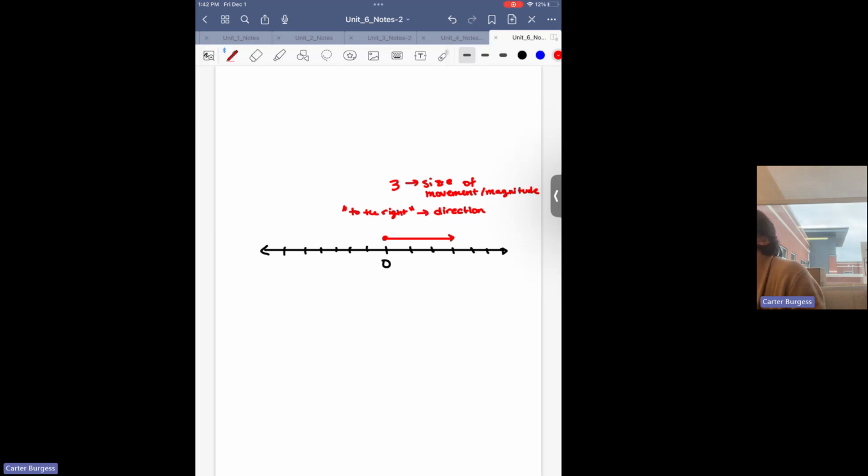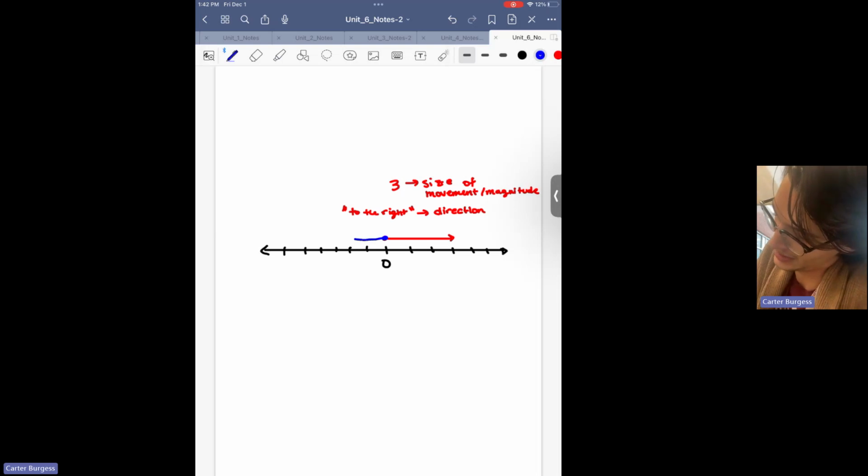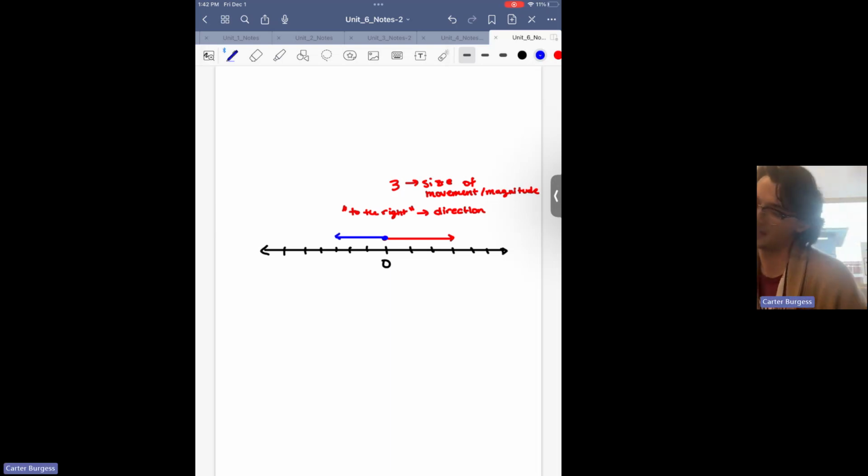And those will give us both unique vectors, noting that the difference, say, between starting at 0 and moving 3 to the left very obviously gives us a different endpoint than when we are moving to the right. And again, my spacing's a little bit poor here, but we would expect these to have the same magnitude, but be pointing in different directions.